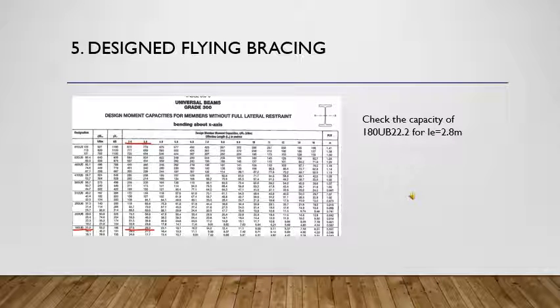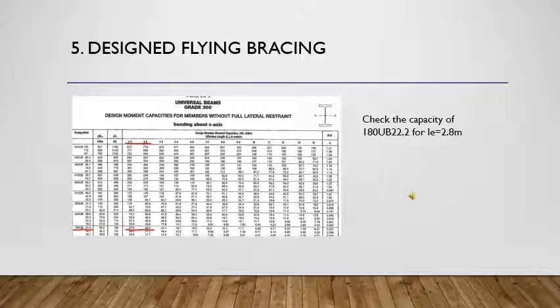Continuing to the next step, we must design the flange bracing to connect to the rafter and purlin. Using flange bracing at every 2 purlins, the maximum effective length is LE equals 2.8 m.